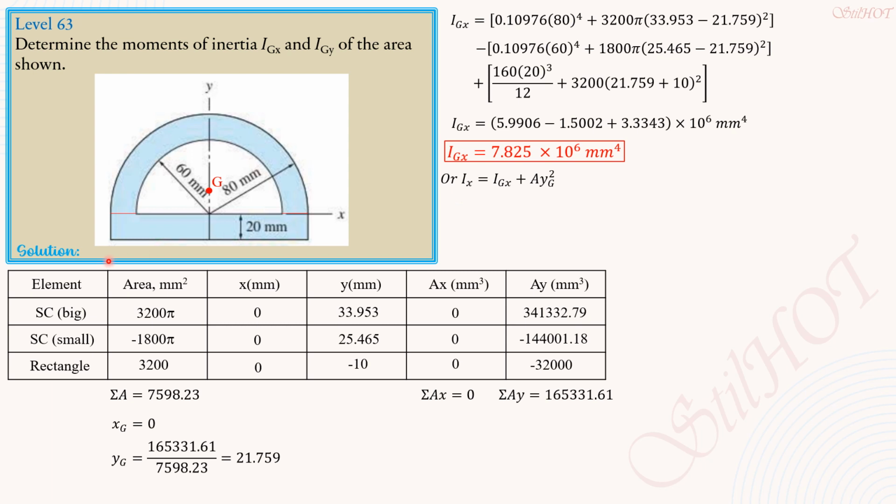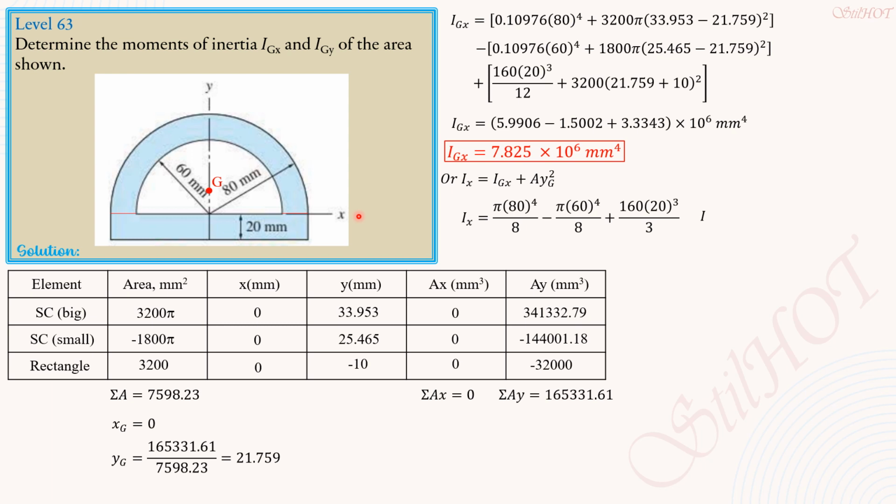Where IX is the moment of inertia of the different figures with respect to the horizontal, which in this case is the x-axis. So for the big semicircle, it is pi over 8 r to the fourth. So Ix is pi 80 to the fourth over 8 minus pi 60 to the fourth over 8, then plus 160 20 cube over 3, because we have a rectangle with respect to the base, with respect to the x-axis.